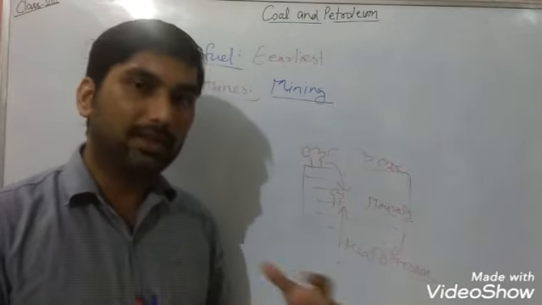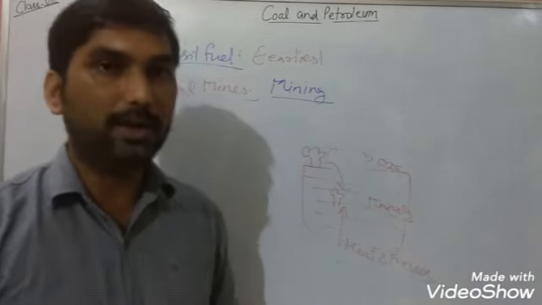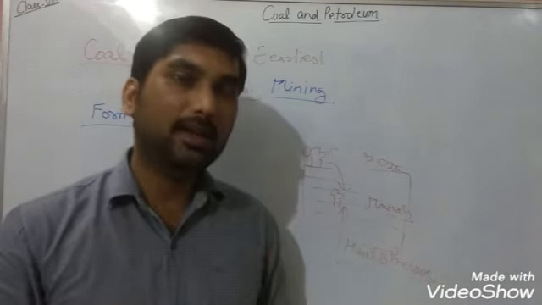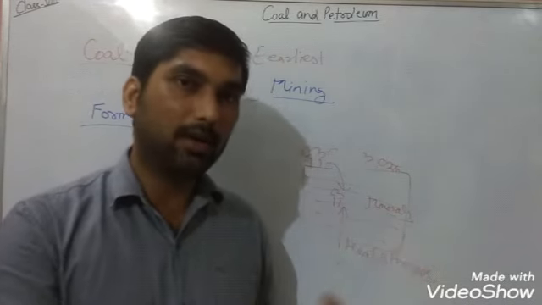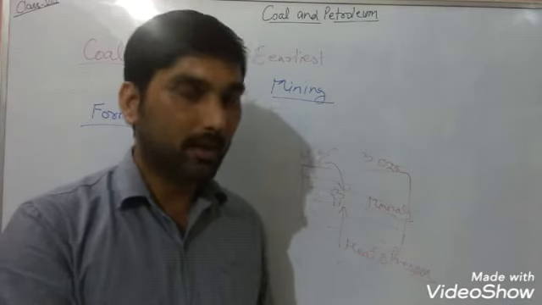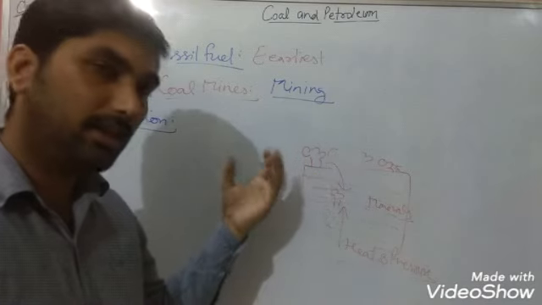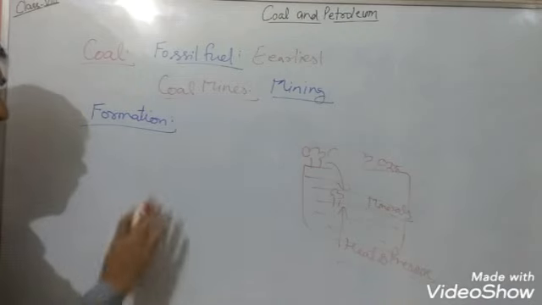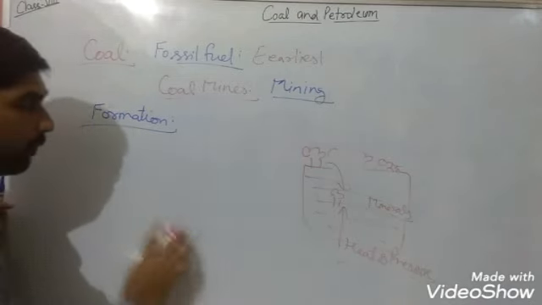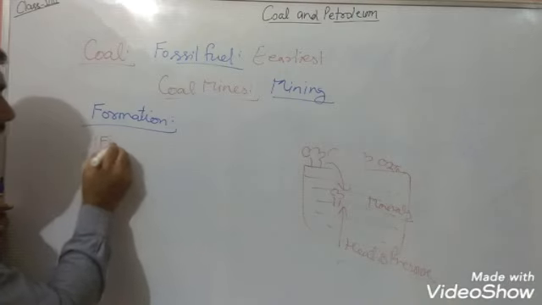Maybe things are not so clear, but I'll provide you a video where it will be very clear how the formation of coal started and evolved on the earth from prehistoric plants and animals. Since this coal is derived from the bodies of plants and animals, it is of 4 different types.